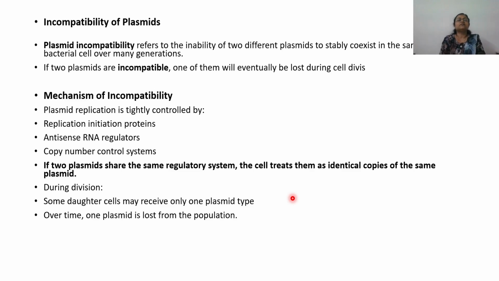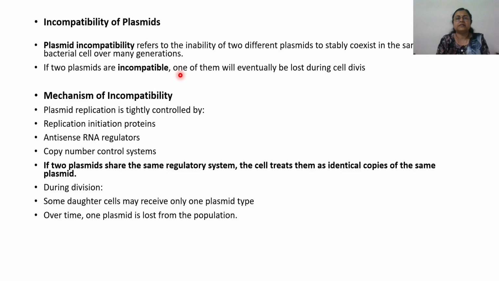Now we move towards one of the major concepts, that is incompatibility of plasmids. Plasmid incompatibility refers to the inability of two different plasmids to stably coexist in the same bacterial cell over many generations.